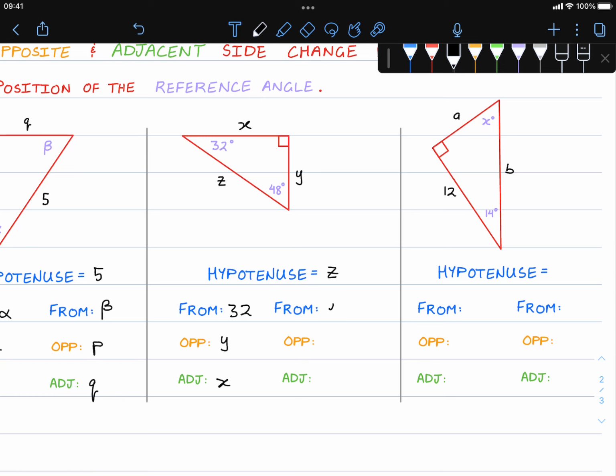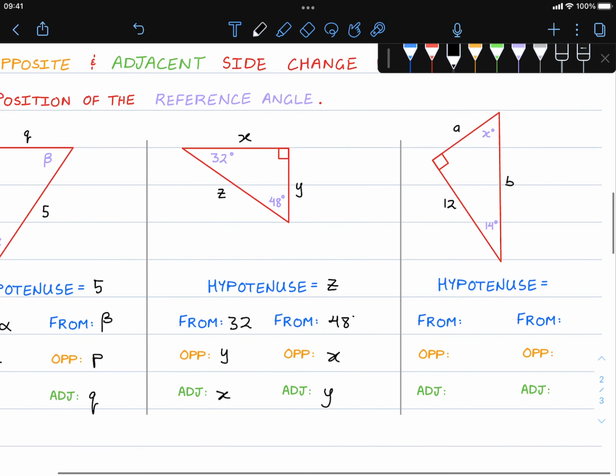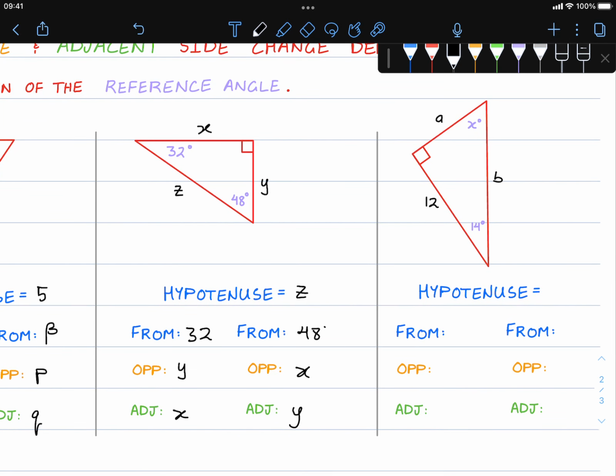But from the angle 48 degrees, X is opposite because it's furthest away, and adjacent is Y. And lastly here, the hypotenuse here is B, and from the angle X, 12 is opposite, and adjacent is side A, because this is furthest away, that's the opposite, and A is closest, so that is adjacent.